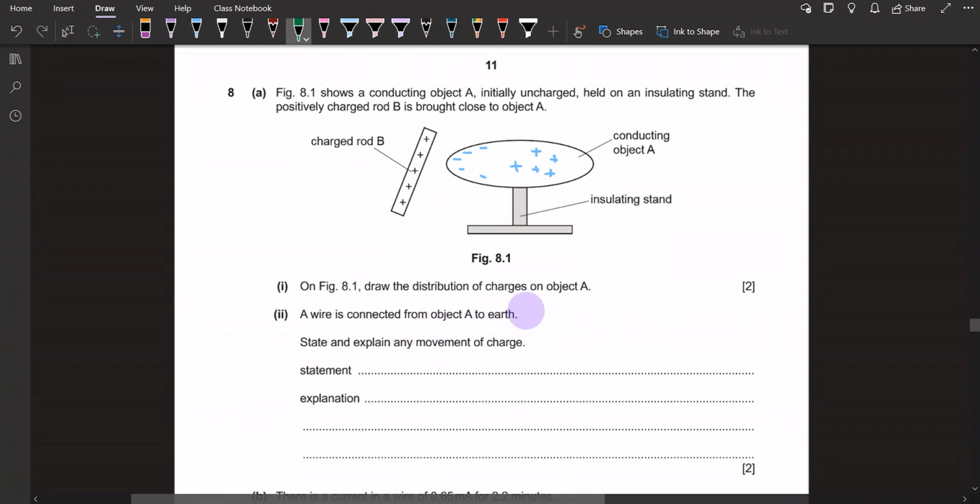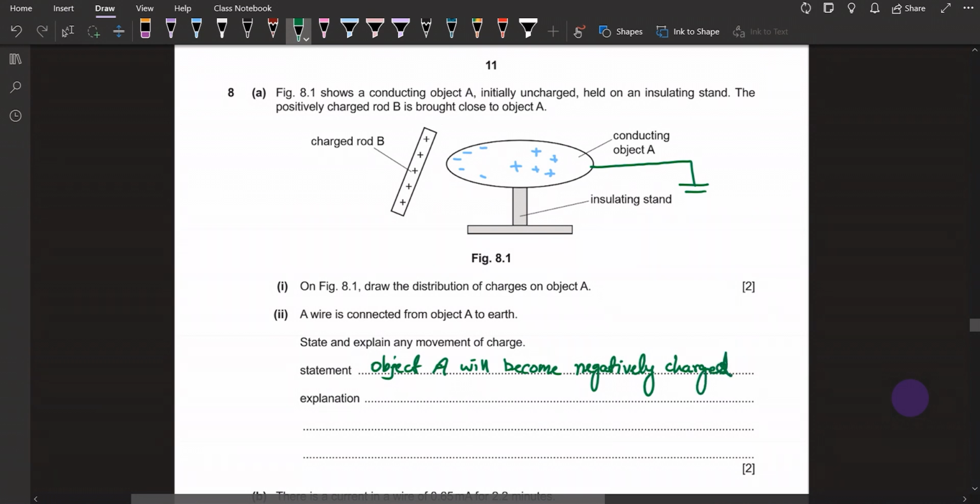Part 2 says a wire is connected from object A to Earth. So we have a wire which is connected to Earth. State and explain any movement of charge. We have to give a statement and explanation. So what is going to happen is object A will become negatively charged.